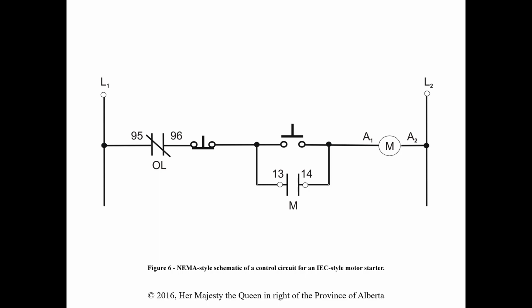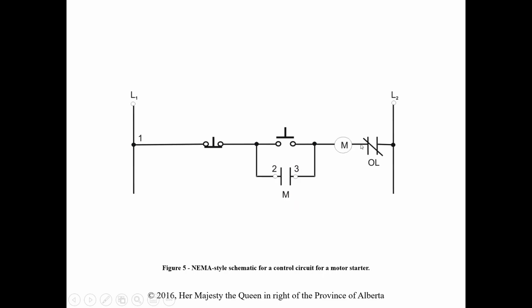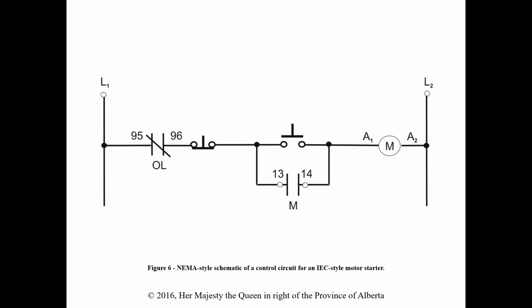schematic, with control circuit for an IEC style motor starter. So we've drawn it in the NEMA style, but we're labeling it with IEC. As soon as we do that, the difference is this would be NEMA style and labeling, and this is NEMA style and IEC labeling. When we look at the big things, the coil actually has a label now, and they're called A1 and A2.